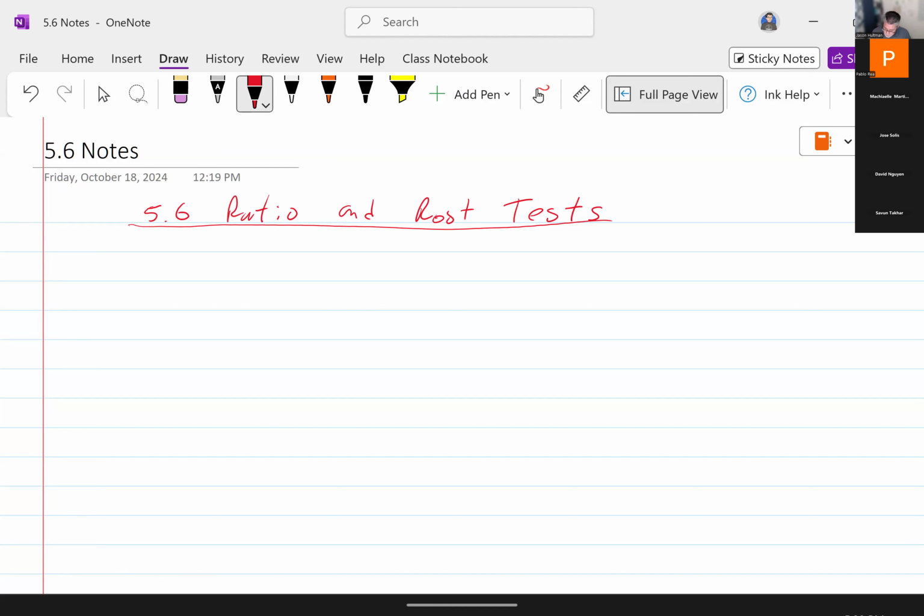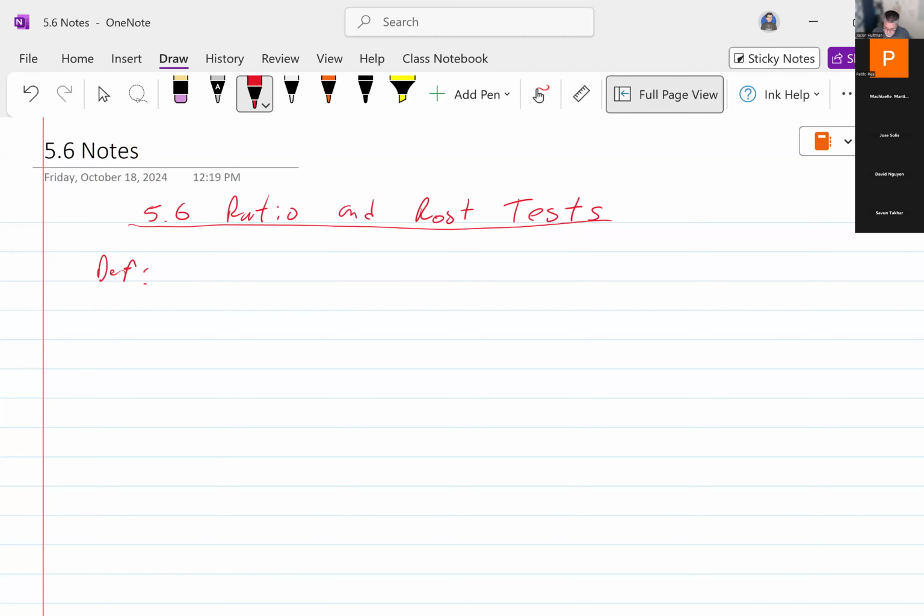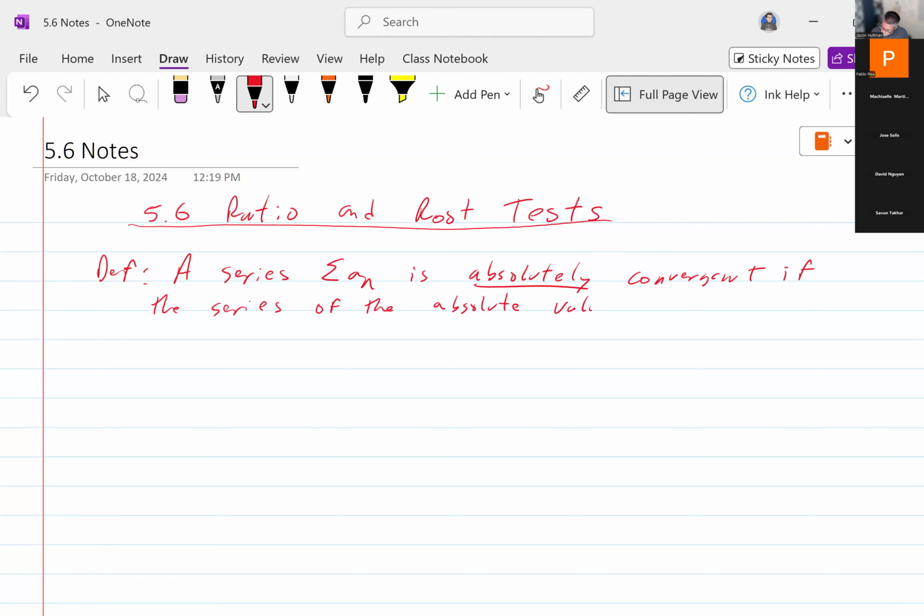Okay, let's do a definition. A series, the summation of a sub n, is absolutely convergent if the series of the absolute values, or what we call the summation of the absolute value of a sub n, converges.